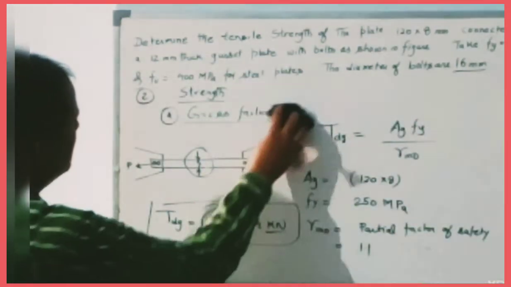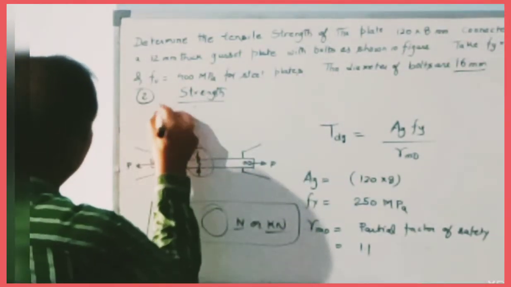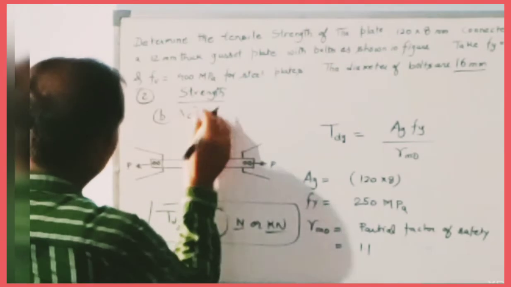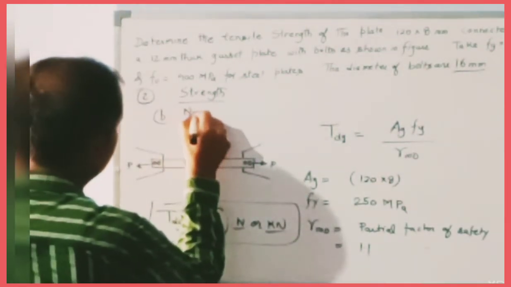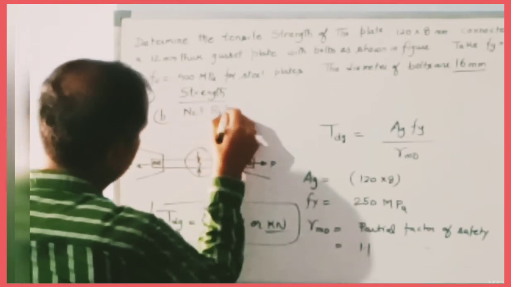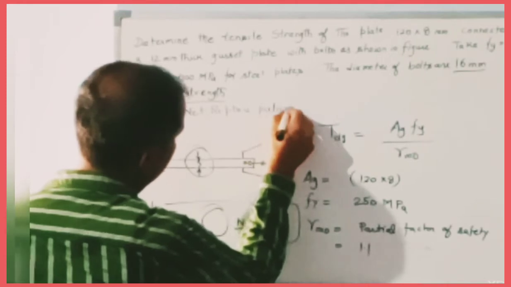The next step is to calculate another kind of tension strength. The second type of tension strength, as we all know, is net rupture failure strength.